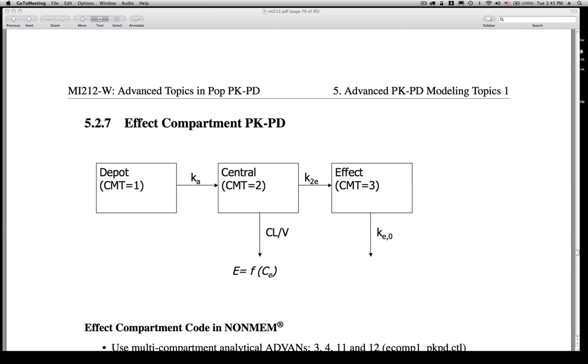Runtimes are slower with the numerical integration of differentials than they would be of an analytical solution. So that's another issue. If you have the choice and you don't need to move to the differential equations, use the analytical solutions. Sometimes you're not going to have much of a difference in the predictive abilities, whether you use an effect compartment model or an indirect response model, particularly if it's just single dose PK/PD.